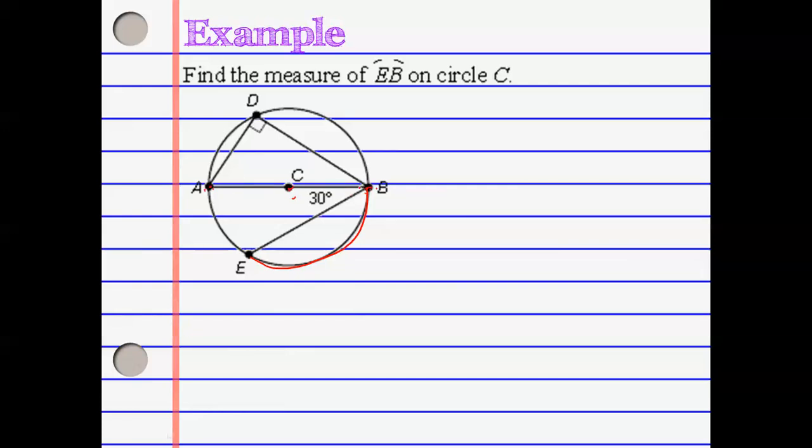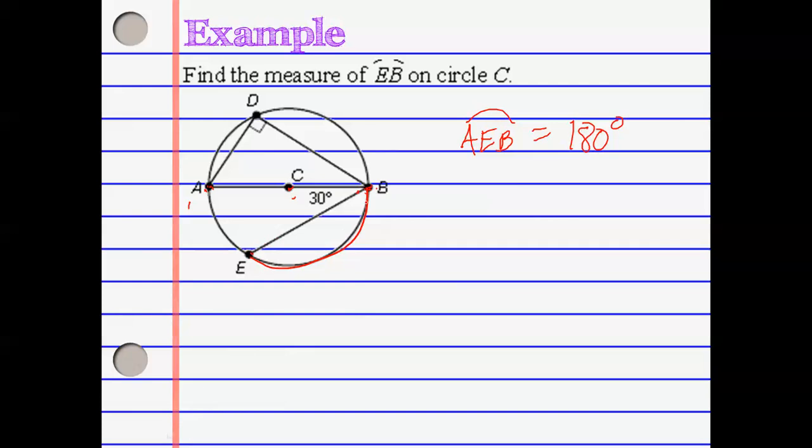So since this is the diameter, we also know it's a semicircle. That means that we know arc AEB, the semicircle, is going to equal 180 degrees. So this whole arc is going to equal 180 degrees.